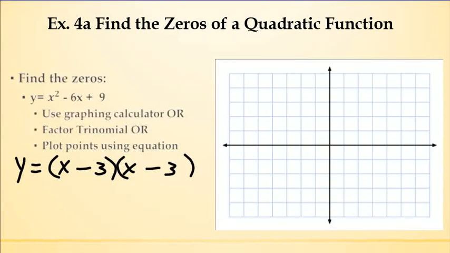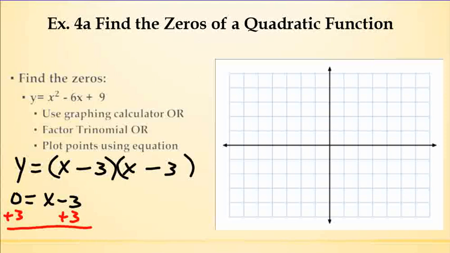Now if I'm finding the zeros, I'm really finding the x-intercepts. So the x-intercepts, y is 0. So I have x minus 3, and since they're both the same, I only need to do this once. So to solve, I would add 3 to both sides. So x equals 3.